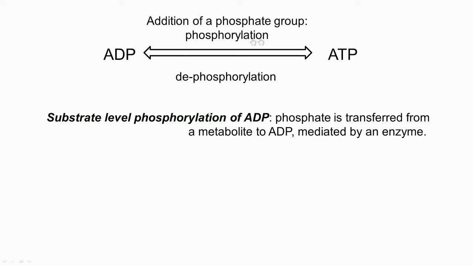This phosphorylation of ADP to ATP is carried out by 2 major means. One is called substrate level phosphorylation of ADP. The phosphate group is transferred from a metabolite to ADP and the process is mediated by an enzyme, that is what is called substrate level phosphorylation.